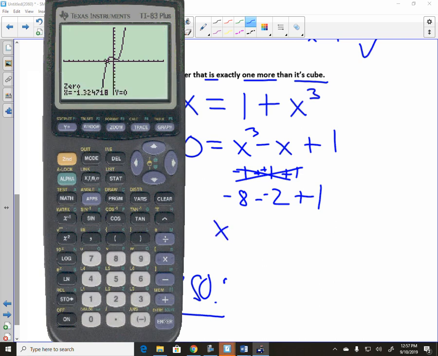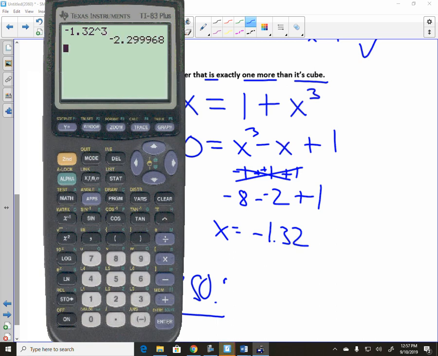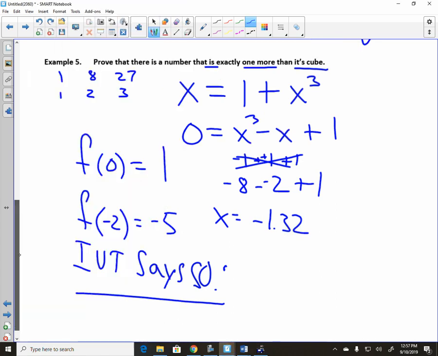X is -1.32, a number that's exactly 1 more than its cube. If you take -1.32 and you cube it, you can see that that is 1 more than its cube. Well, I didn't round very far, but that's how it goes. So here we go.